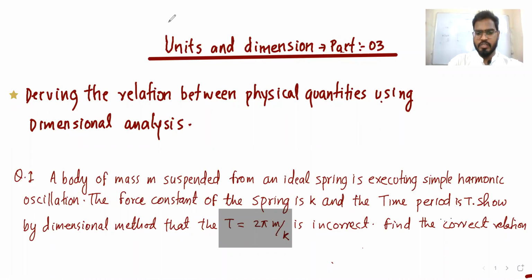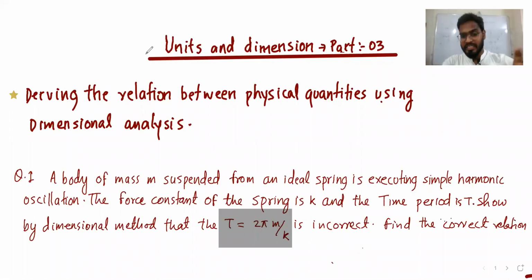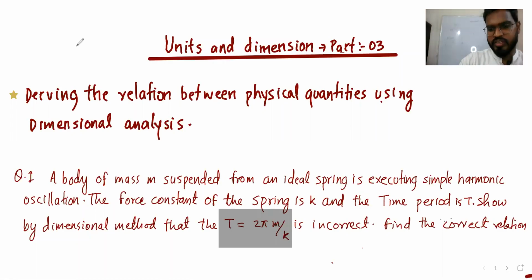First, one side is time. If the formula is correct, then the dimension of t should be equal to that of 2 pi m by k, for sure. So let's write that the dimension of t is T. The 2 pi is a constant, so it has no dimension.